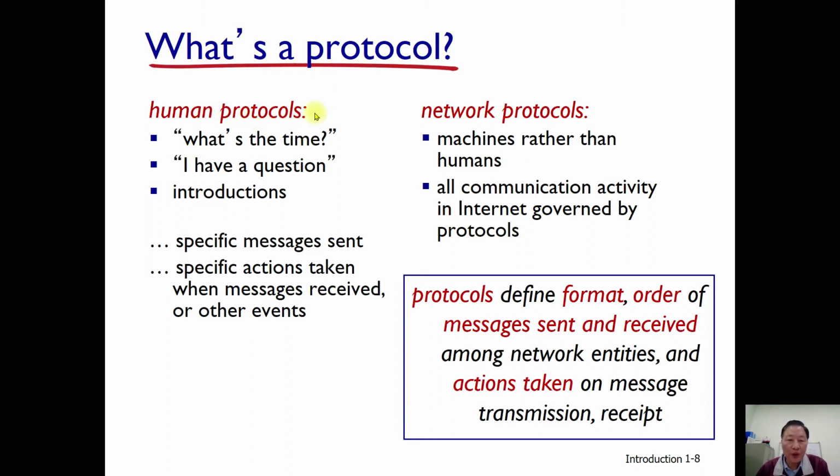For example, what is a protocol in terms of human protocols as an analogous example? Think about this case. What is the time? You are asking a person, then he or she may answer that question.